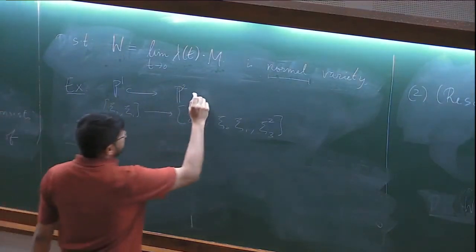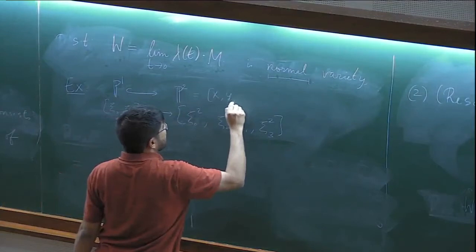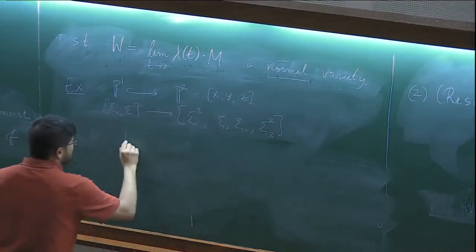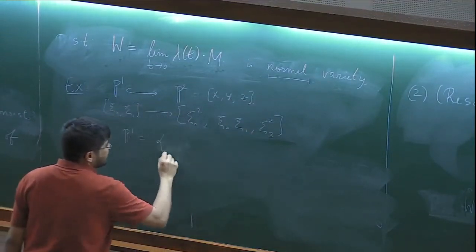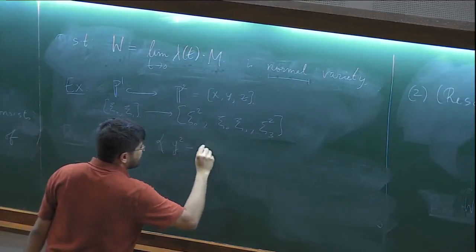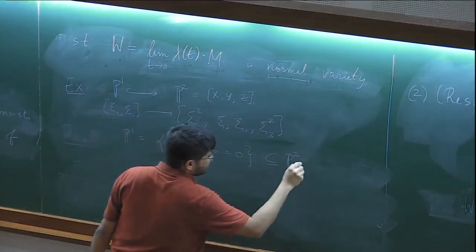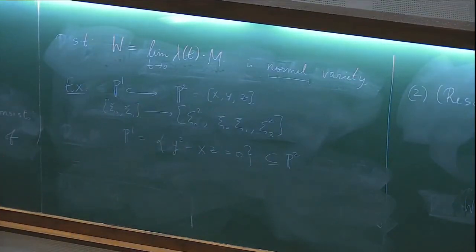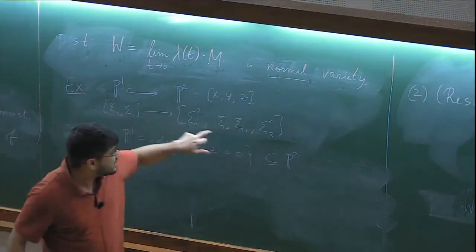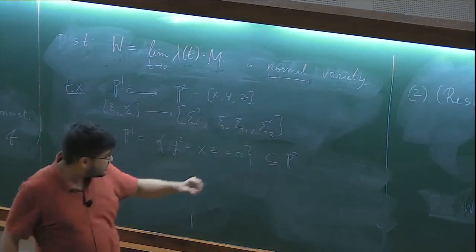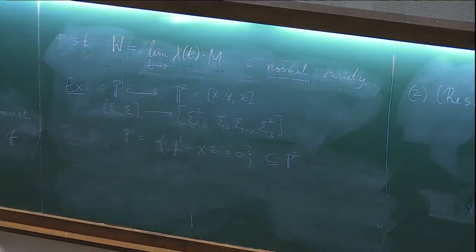And so if you use coordinates x, y, z, then of course P1 is basically the image of y squared minus xz equals 0. If you look at the equation satisfied by these quantities, that's just y squared minus xz equals 0.